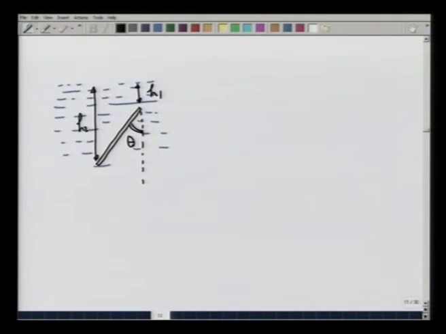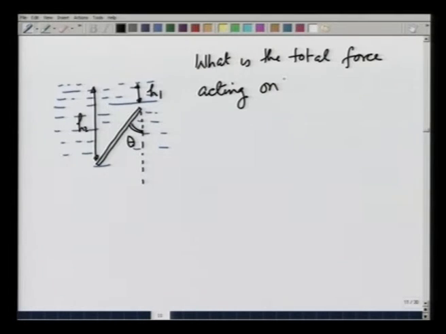What we wish to find is, number 1, what is the total force acting on this plane sheet.